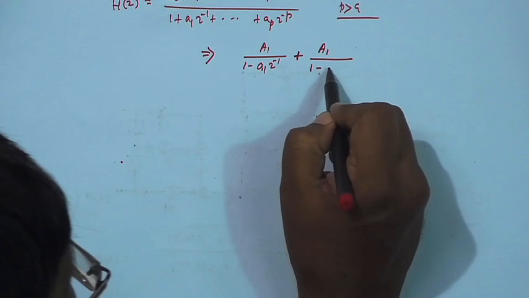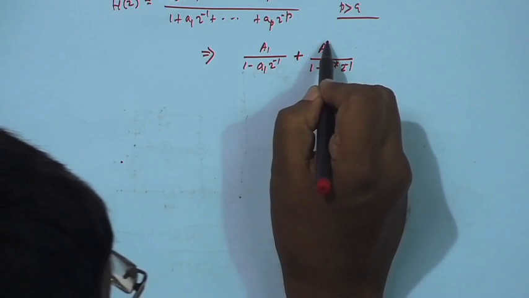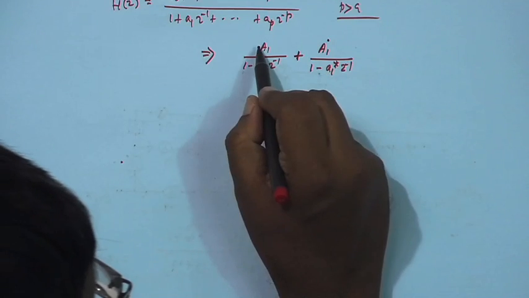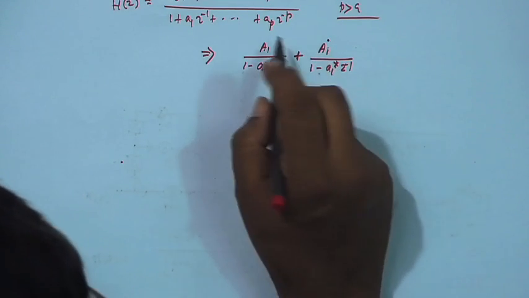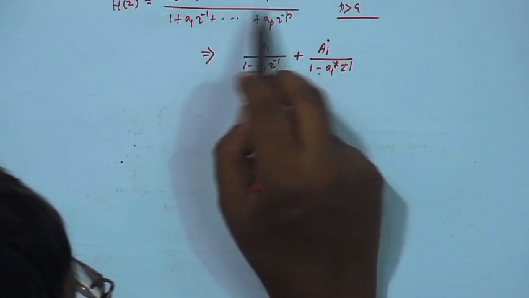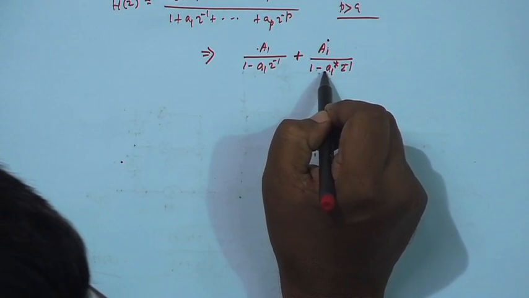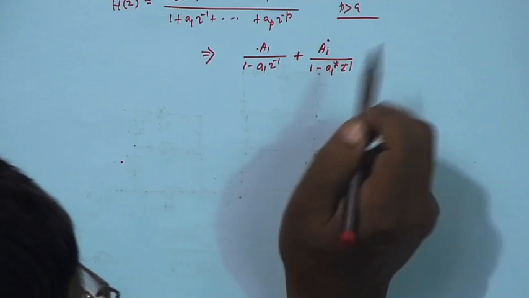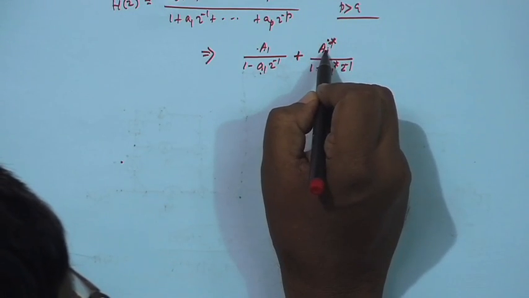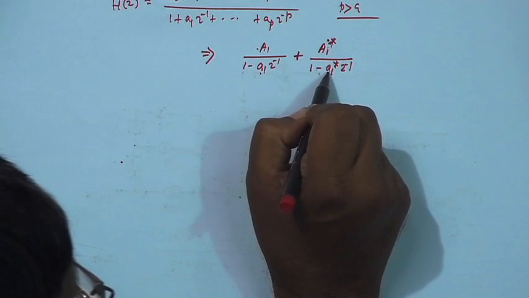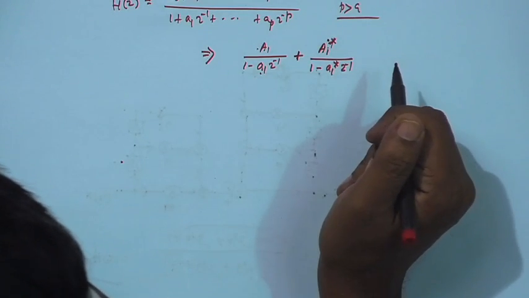If this is complex, there must be an A 1 star over 1 minus a 1 star Z inverse, because then if you combine A 1 into 1, A 1 star into 1, A 1 plus A 1 star become real, because finally my coefficients have to be real. And A 1 into minus a 1 star and A 1 star into minus a 1, small a 1 into capital A 1 star and small a 1 star into capital A 1, they are conjugate of each other. So, when you add them, again you get real.